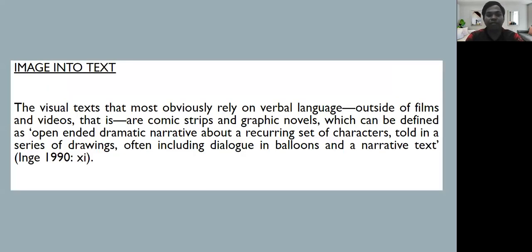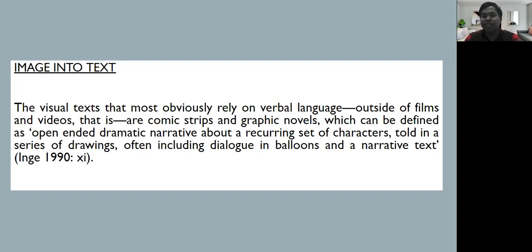The visual text that most obviously rely on verbal language outside of films and videos, that is, are comic strips and graphic novels, which can be defined as open-ended dramatic narrative about a recurring set of characters told in a series of drawings, often including dialogue and balloons and a narrative text. So those are examples of image into text.